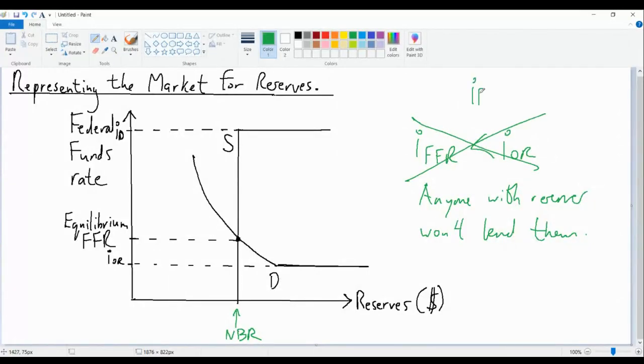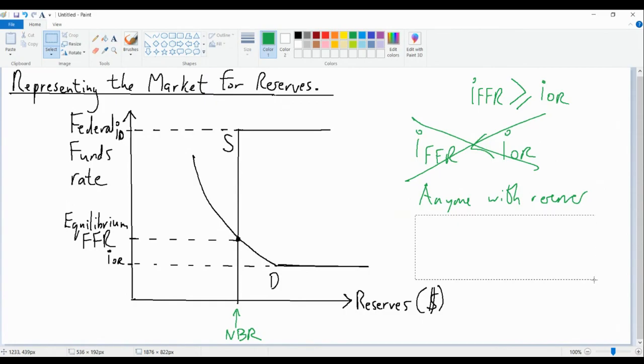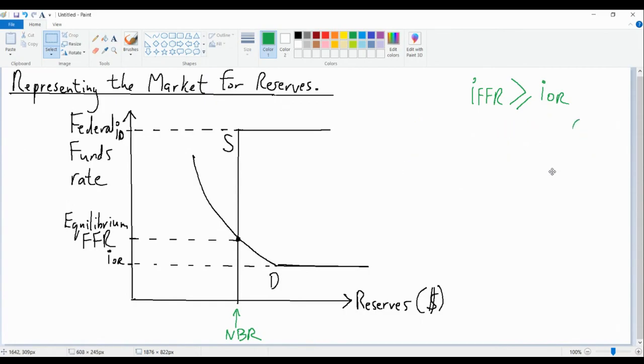You must always have that the federal funds rate is greater than or equal to the interest rate on reserves. And the way we represent that is by having the demand flatten out. So after that point, you can still increase the number of reserves in the world, or rather the Fed can still increase the number of reserves, but it's no longer affecting the federal funds rate.